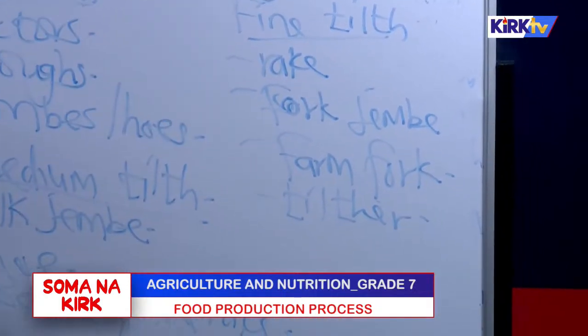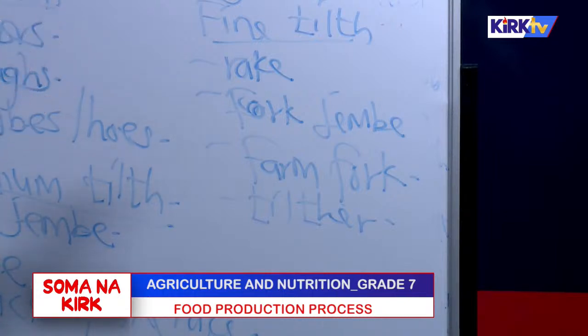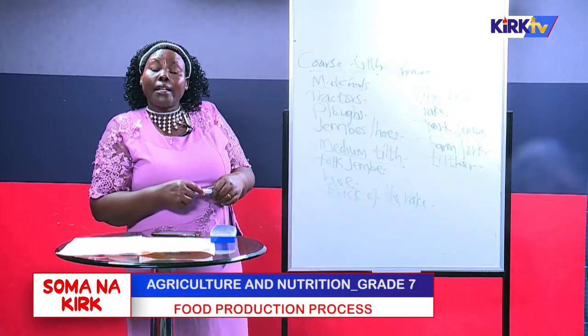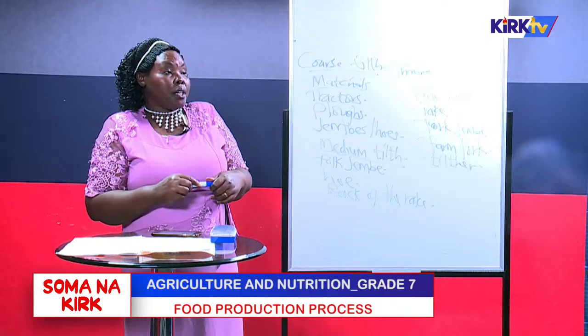Now, a tilther looks like a plow, but is fixed with different sizes of teeth or forks. If you want the medium size, you need to set the teeth. If you also want to have the large tilth or the coarse tilth, you also adjust. So a tilther is an adjustable machine that is used for making different types of tilth.